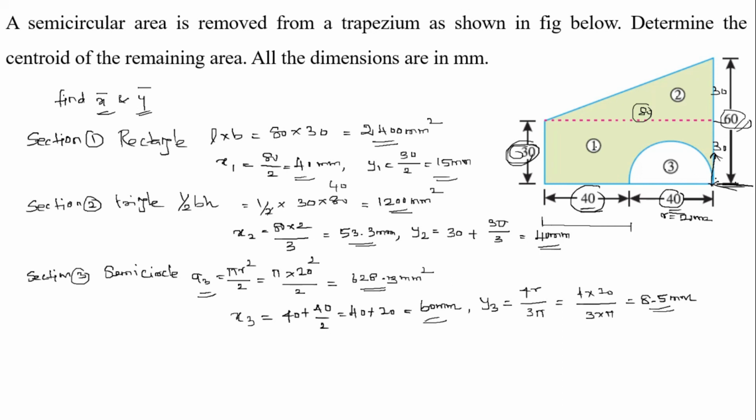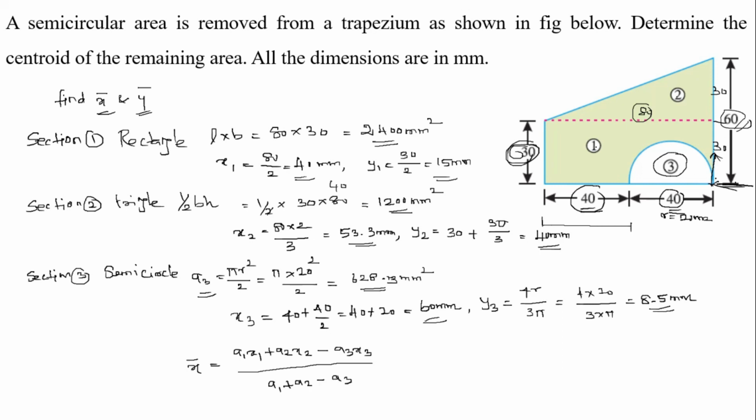Now, we have to calculate x bar. What is the formula for x bar? x bar is equal to A1 x1 plus A2 x2 and now minus A3 x3. We have to subtract this A3 from the total section, divided by A1 plus A2 minus A3.